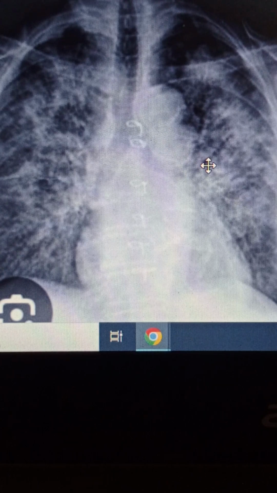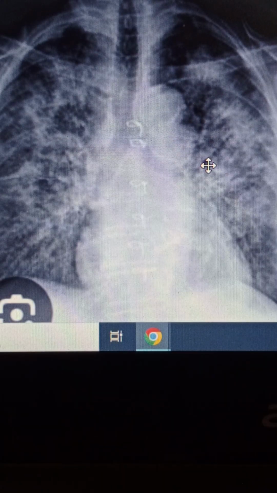So how will you assume a patient is having pulmonary edema? For example, if a patient has a cardiac history, like a cardiac failure or a previous MI, you will assume that he is having pulmonary edema.